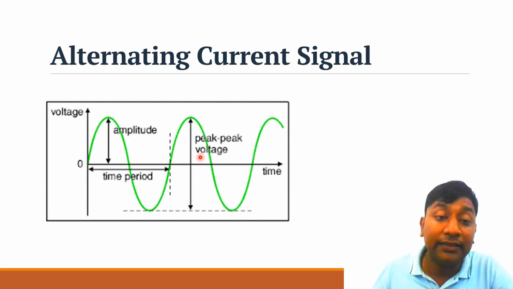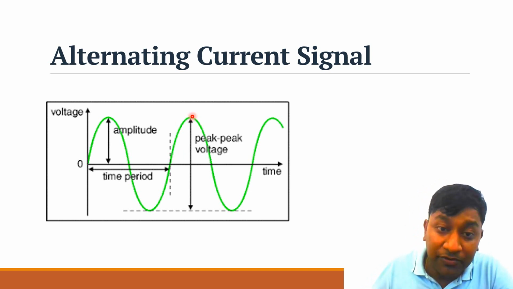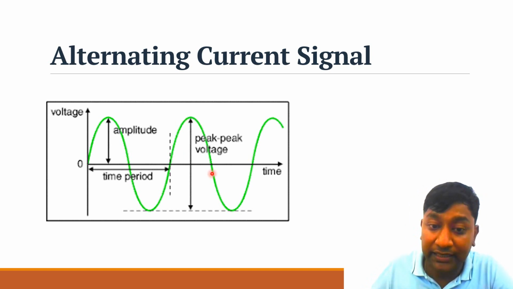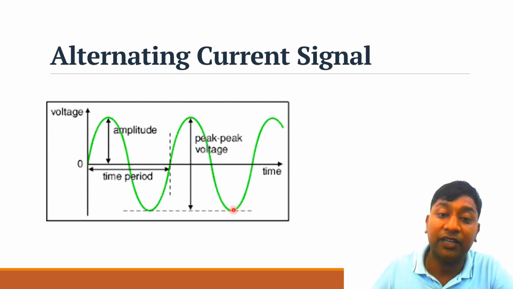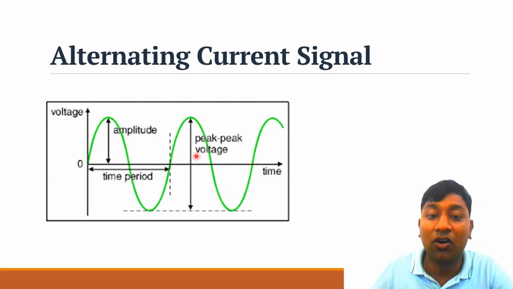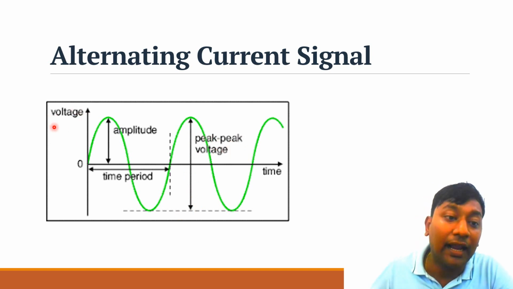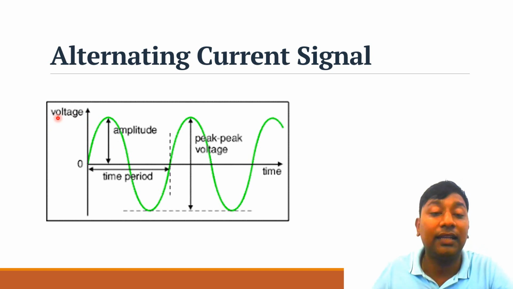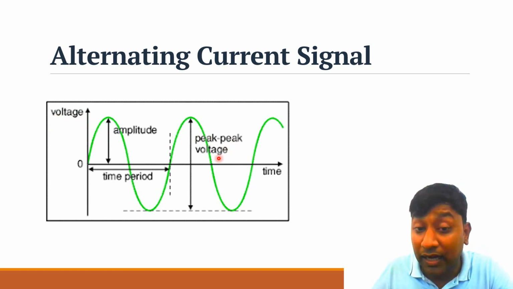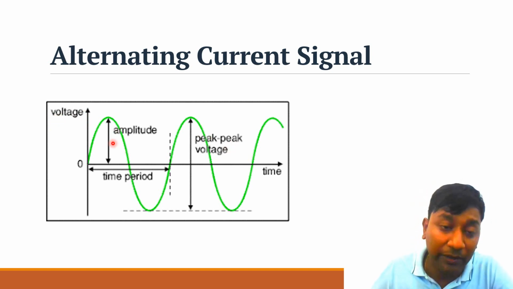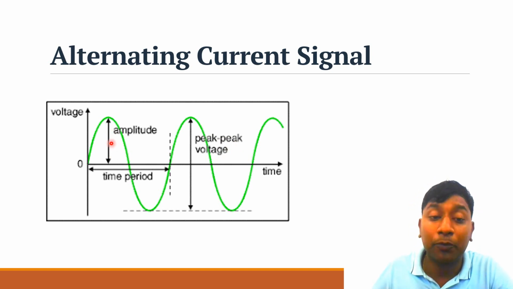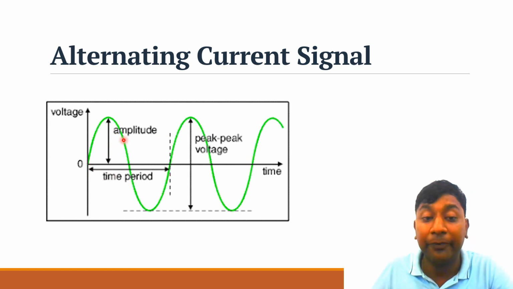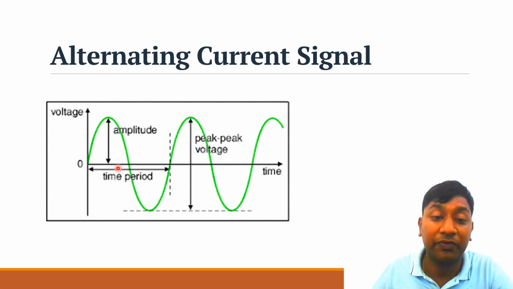Whenever there is a maximum peak in the positive direction and another peak in the negative direction, this value is called the peak to peak voltage. If the signal represents a current signal, then it is called peak to peak current, and that is also amplitude. This is the current amplitude, and this is the time period: the same things repeating after a certain period of time.